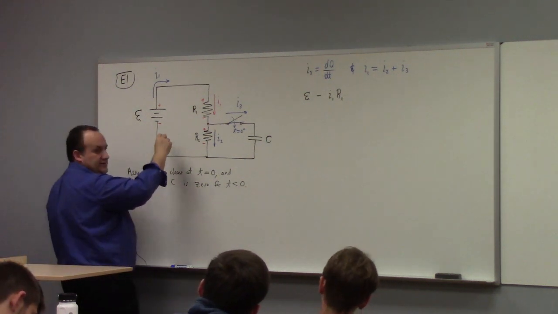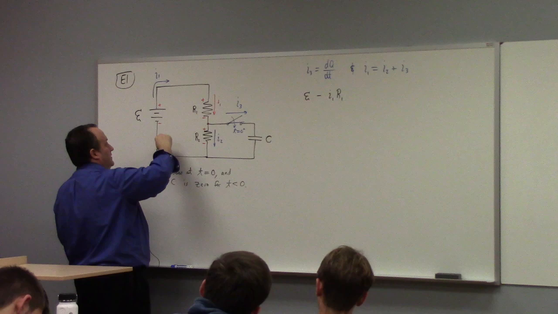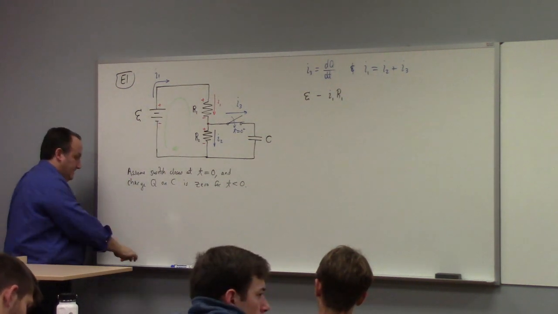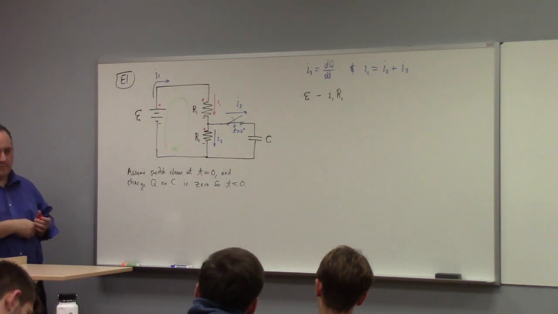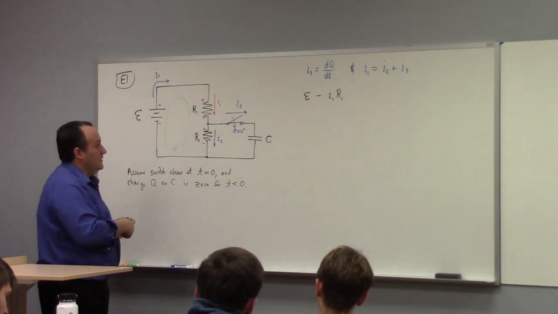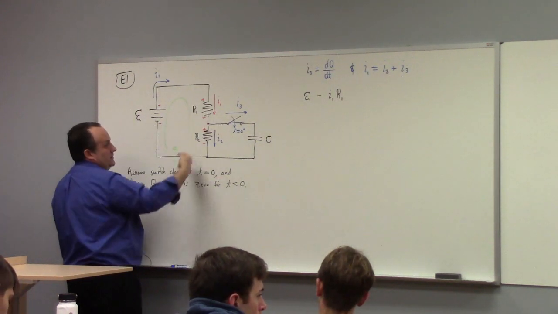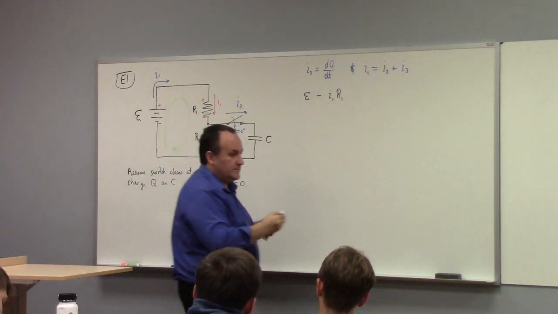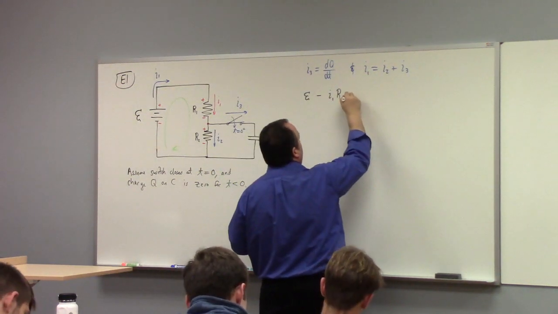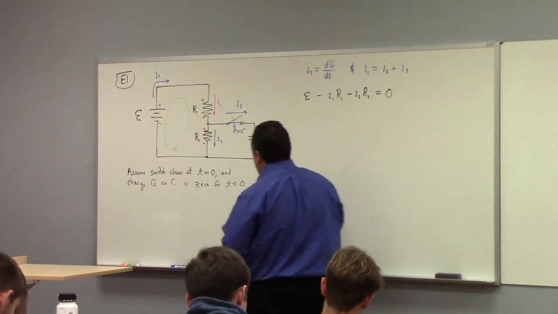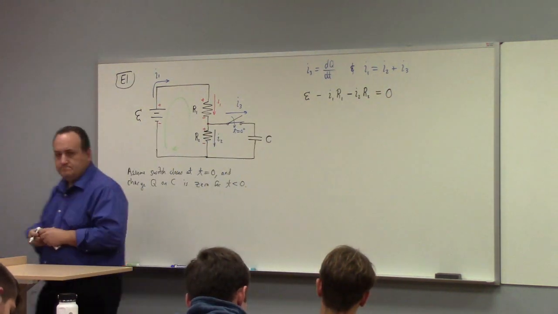So I'm doing Kirchhoff's voltage law like this, right? So then I have what? I have also minus I2 R2, right? And I think that's it for that loop, right?